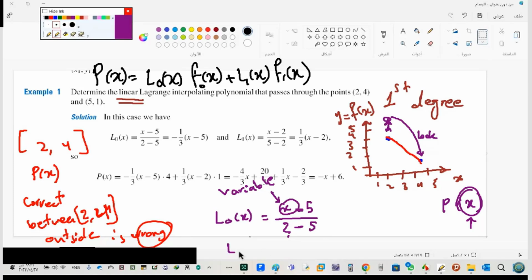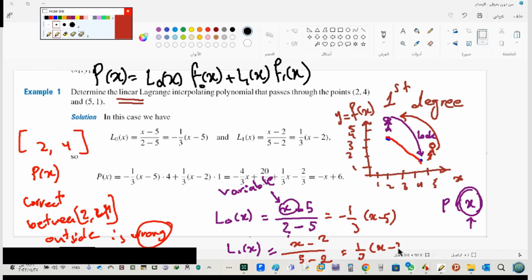Now for another point, L1x equals: I am here another time. I jumped here, so I'm looking for another point. So it is x minus 2 over 5 minus 2.